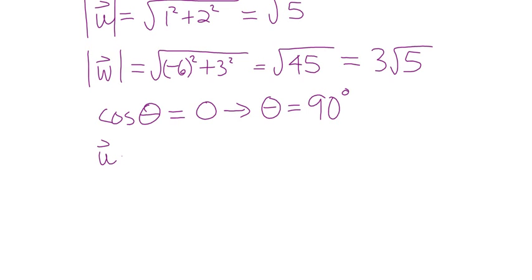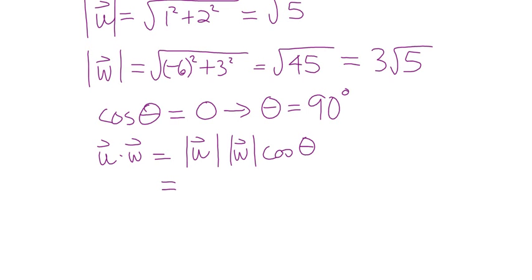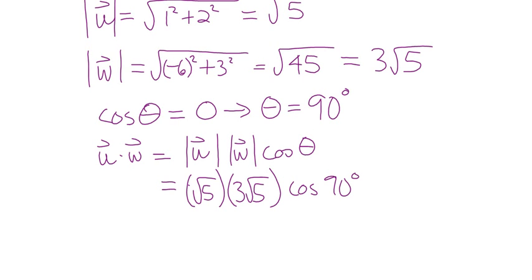So U dot W is magnitude of U times the magnitude of W times cos theta, which is equal to root 5 times 3 root 5 times the cos of 90 degrees, which is 0. So it's all just 0. That's not normal. No, that is normal.